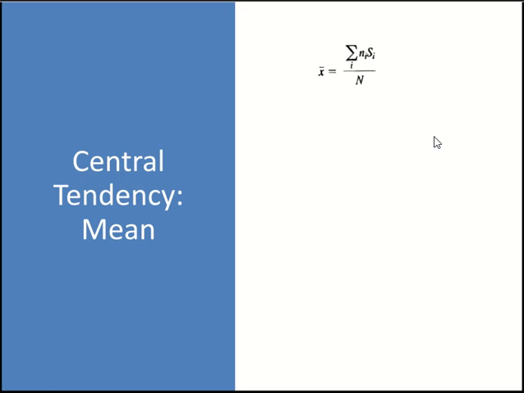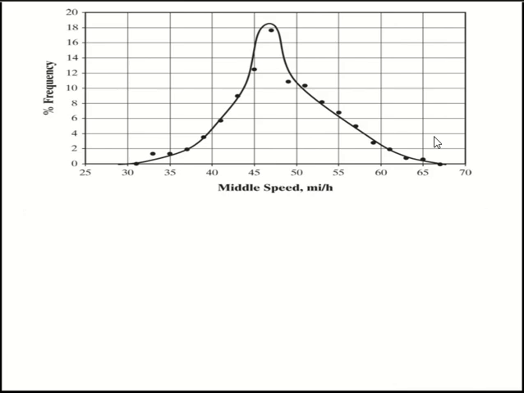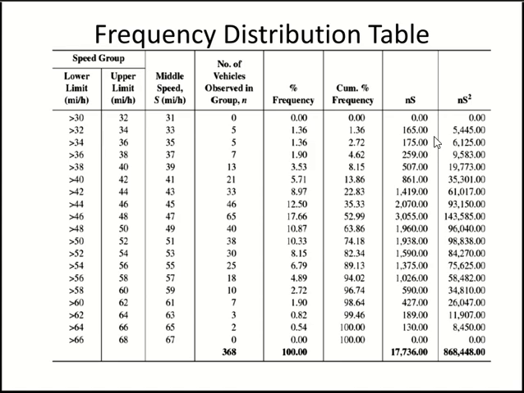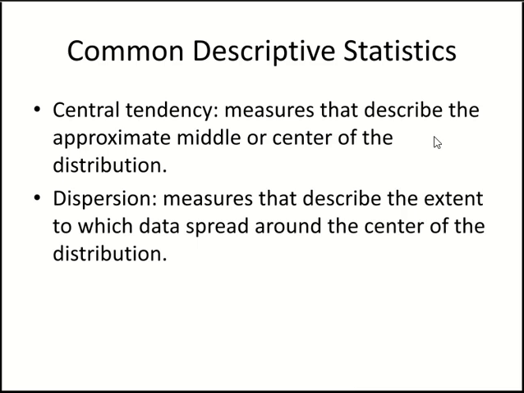But what did we do with our data? Do we have the values? We don't have the values. We have speed groups and the number of vehicles, the frequencies. So there are no values to add here. To use this, we have to use this equation.